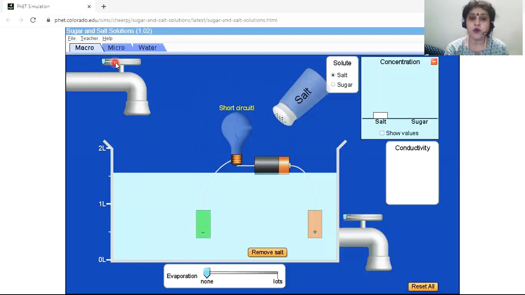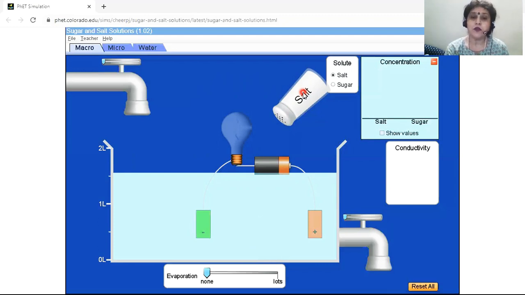And if we want to remove the salt from this salt solution, we should click here. Now the salt gets filled in this container. So with the help of this simulation, we can show that salt solution conducts electricity.